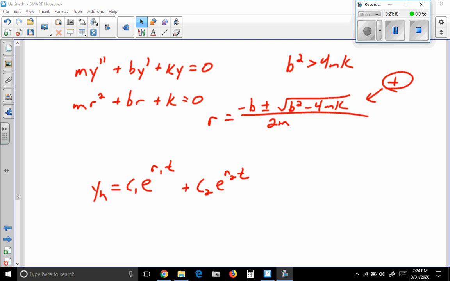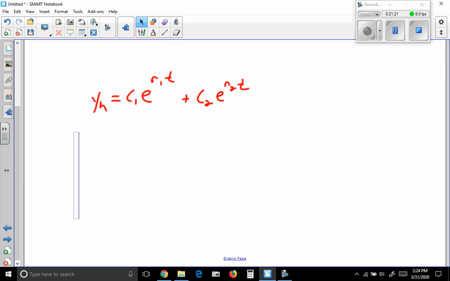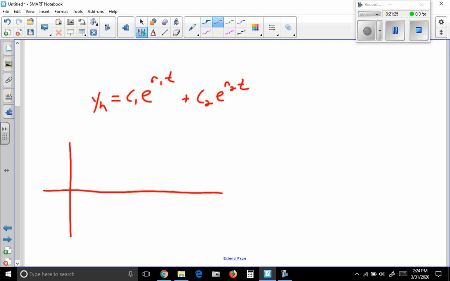When systems are overdamped, we have a couple of things that could happen. And let's just look at a sketch. So we could have that we start at a highest point that's as far up as it goes, and then it just decays to nothing. In that case, we have no local max or min, so no local extrema.